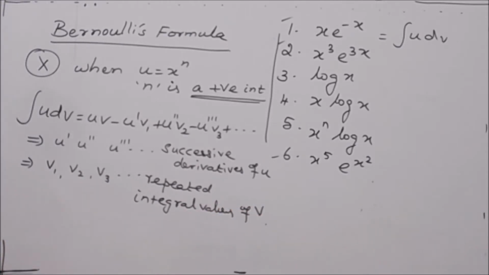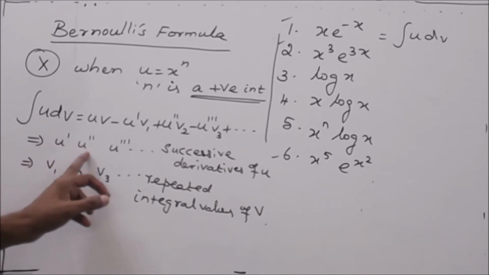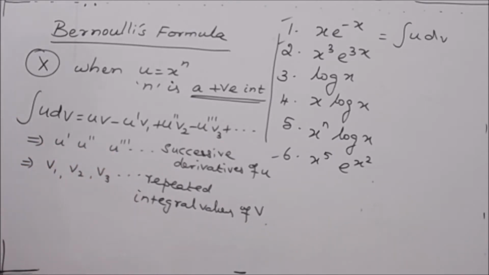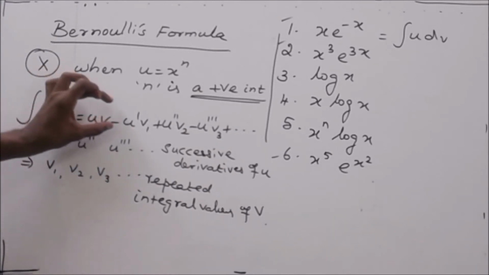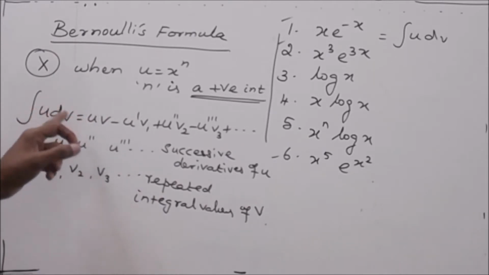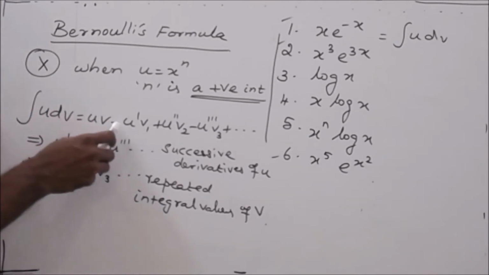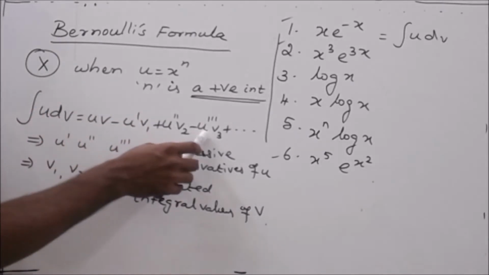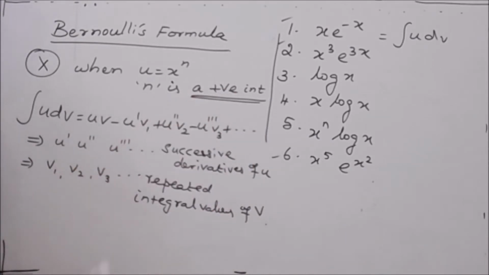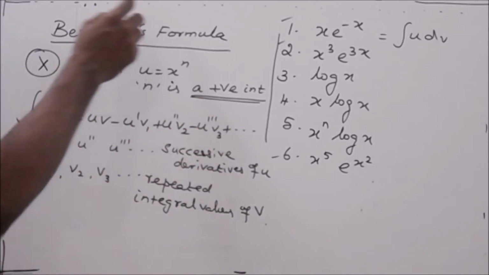That is very important. v1, v2, v3 are repeated integrations. u dash, u double dash, u triple dash are successive differentiations. So after finding these, you can substitute in the formula: integral u dv equals uv minus u dash v1 plus u double dash v2 minus u triple dash v3 plus etc. This formula is known as the Bernoulli formula.